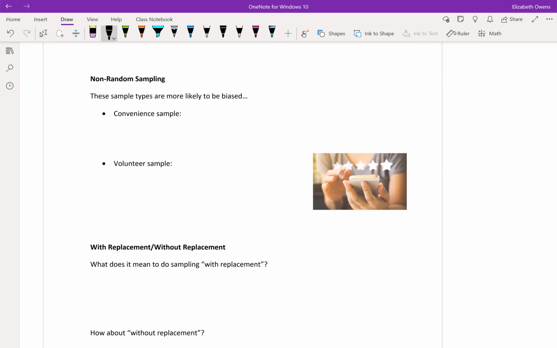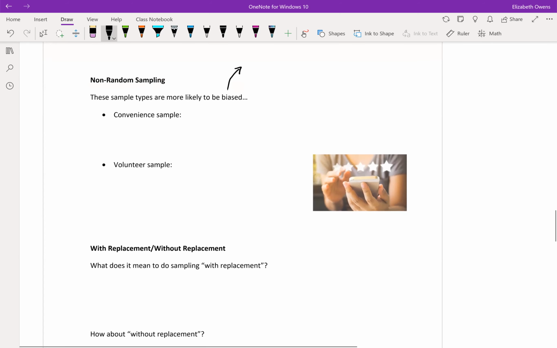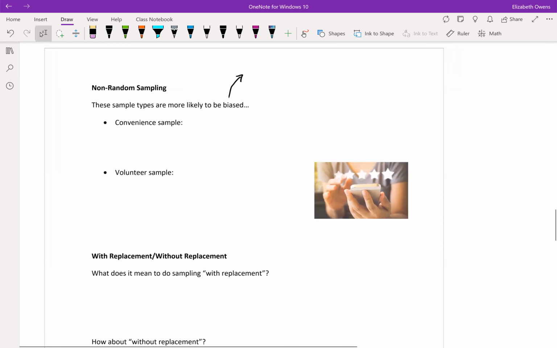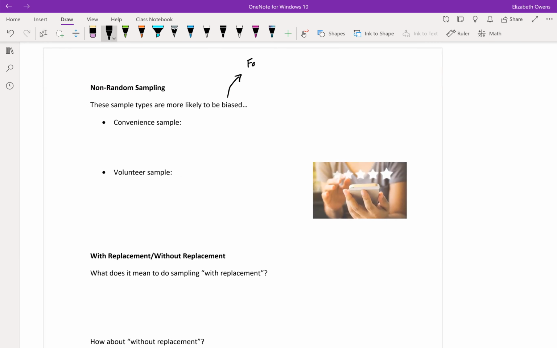Now, in non-random sampling, these sample types are more likely to have some bias. And in statistics, what biased means is that this is going to favor certain outcomes.